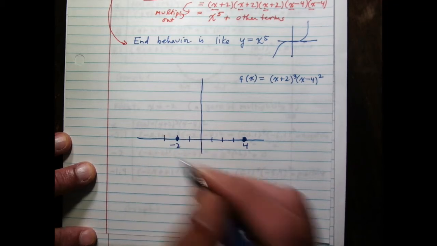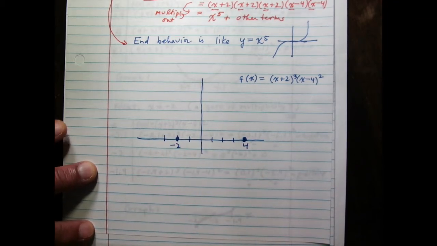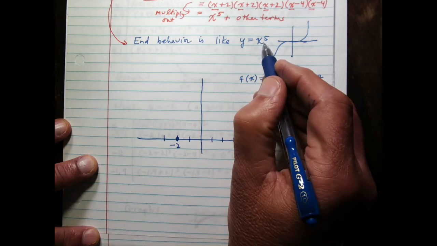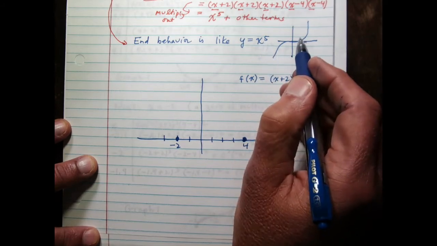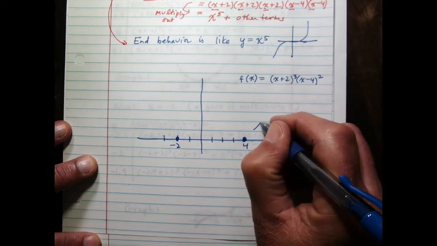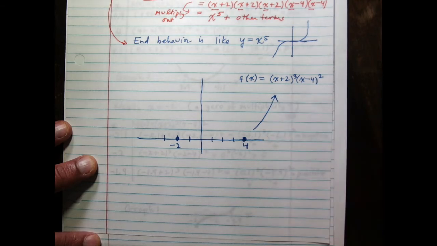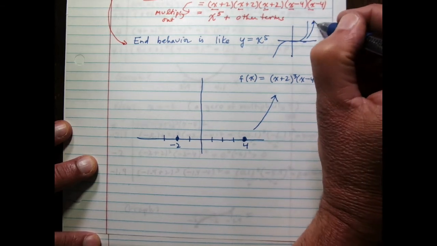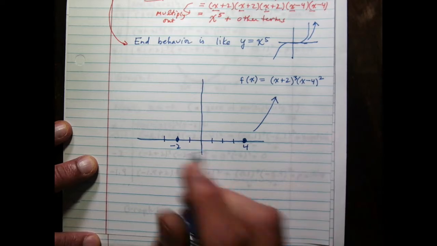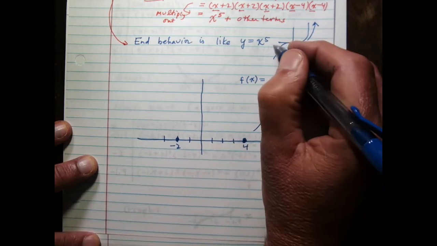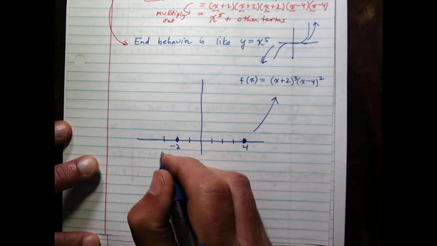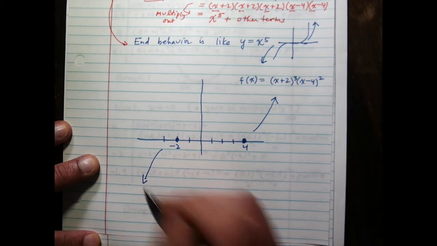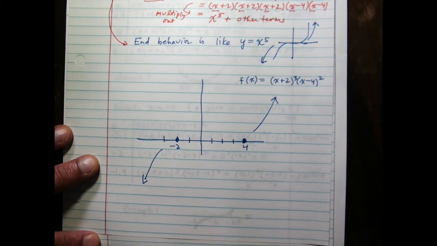Again, notice I'm using that language, 0. That's just like saying x-intercept. The end behavior is like y equals x^5. So beyond 4, we know that graph should be taking off in a positive direction. When we're less than negative 2, we should be falling off to negative infinity.